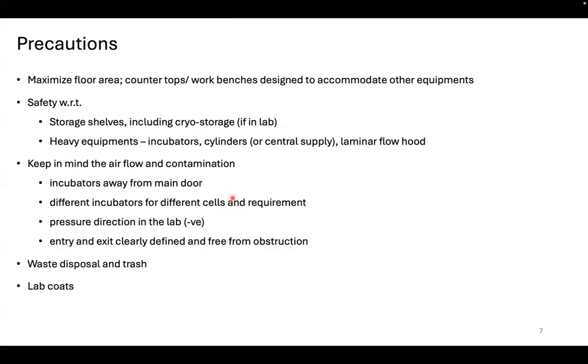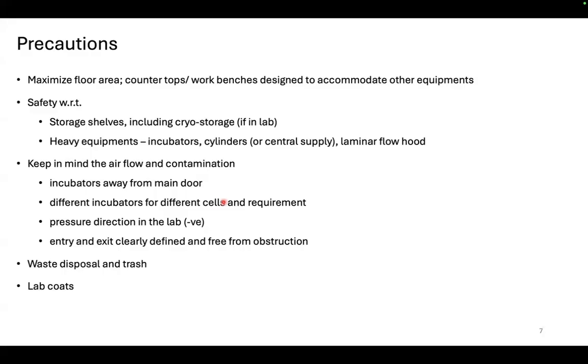Now, airflow is an important part in a cell culture laboratory. So generally, if possible, your cell culture lab should be at a negative pressure. Negative pressure means it would be at a relatively lower pressure, and things go from high pressure to low pressure, right?